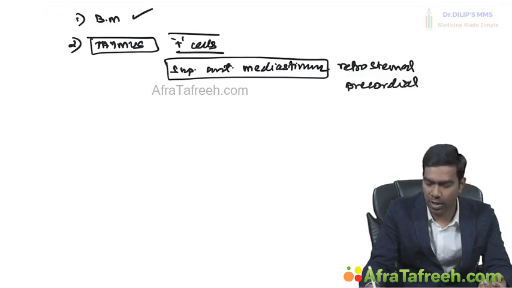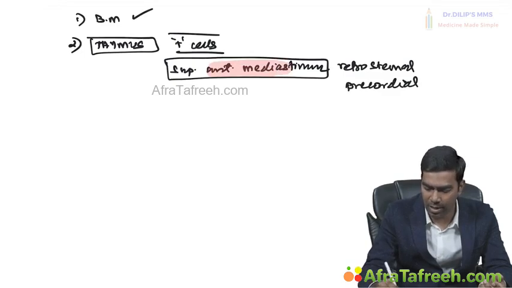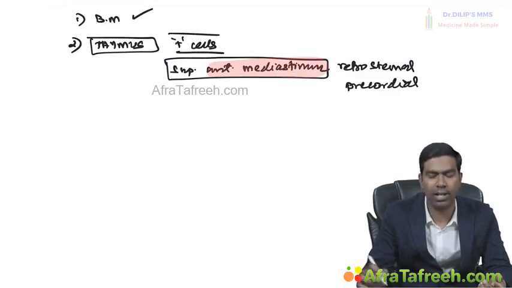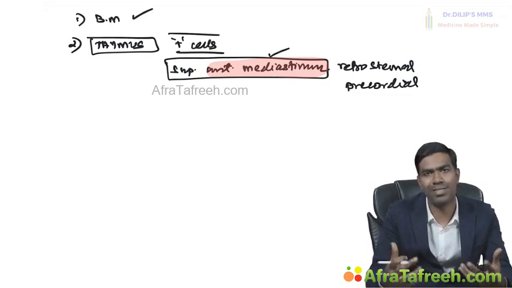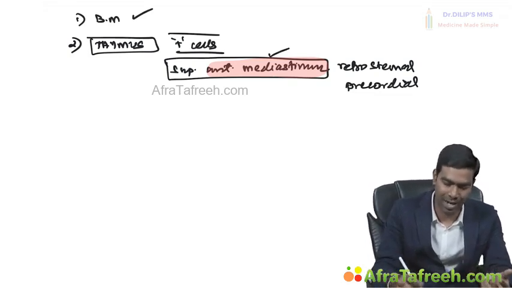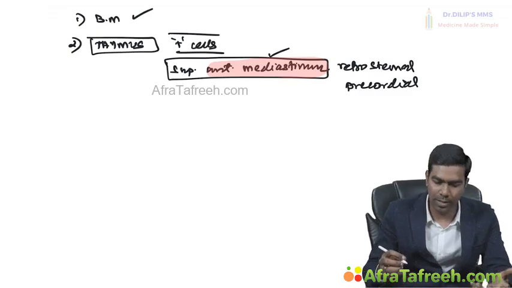Since the location is in the anterior mediastinum, one of the important differential diagnoses for an anterior mediastinal mass is a thymoma. Very important differential diagnosis. Thymomas result in an anterior mediastinal mass because of the anatomical location.